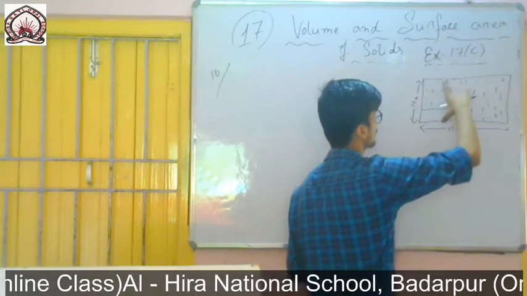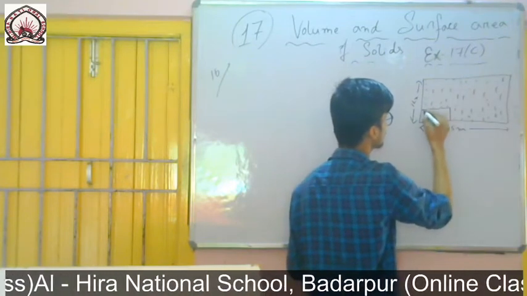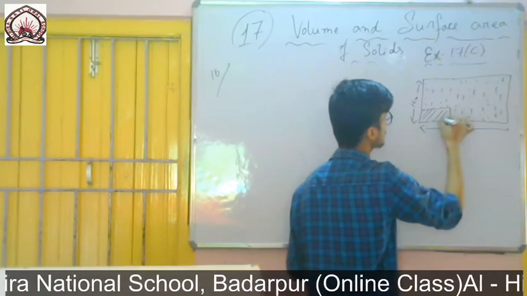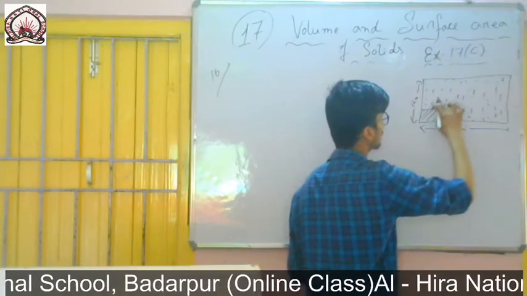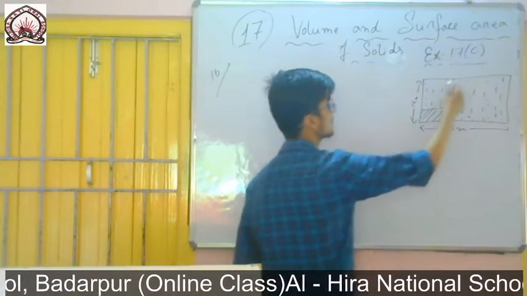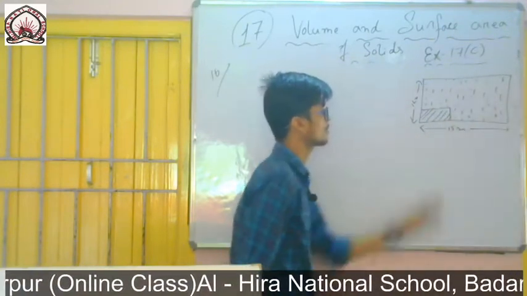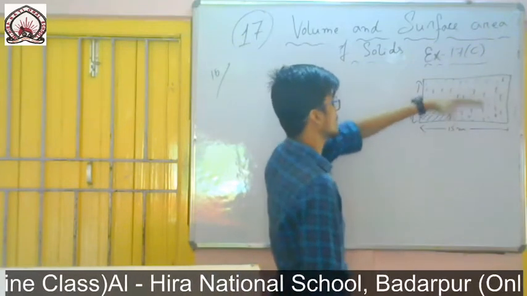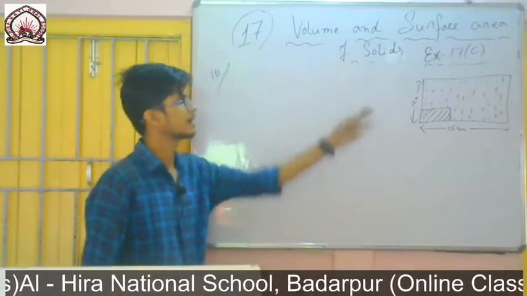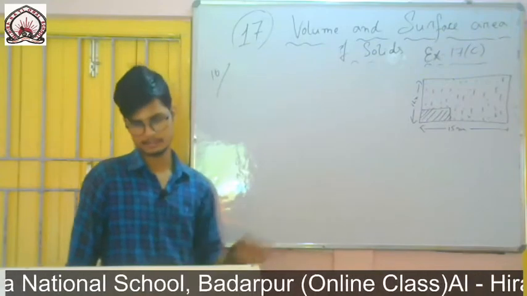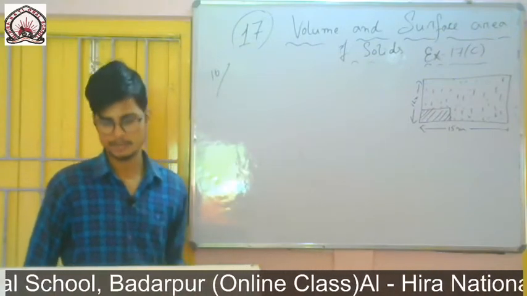That means from this whole area I have to deduct this portion, so I will find the area of this pit and deduct it from the whole rectangular field, and then I can easily find the raise in the height of the field when the earth is spread over equally.